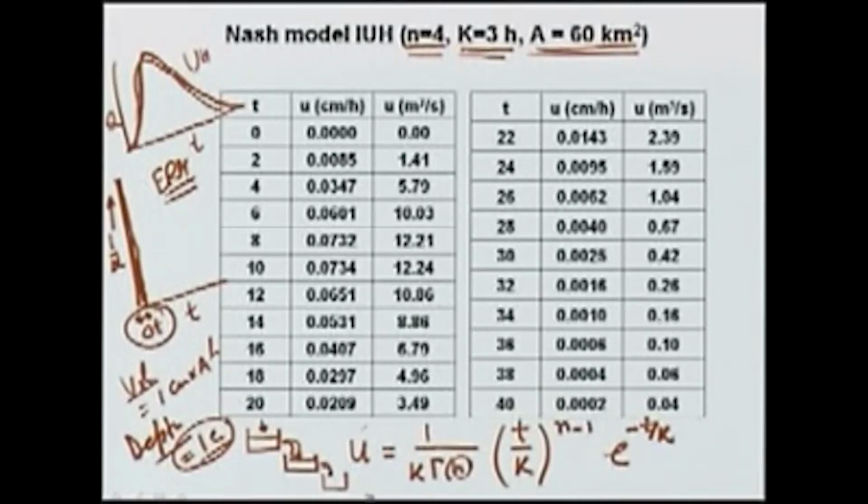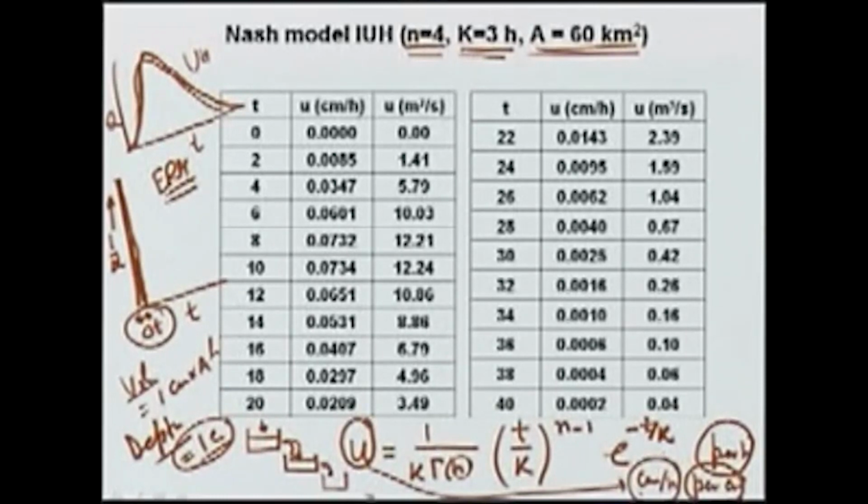This u value is an ordinate which is expressed in per hour, and what it really means is centimeter per hour per centimeter rain. So, since we are saying that this is unit hydrograph, it will have 1 centimeter of rain, therefore, u can be written in terms of centimeter per hour.